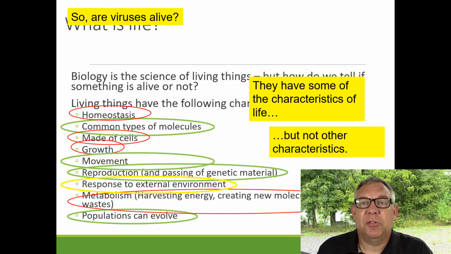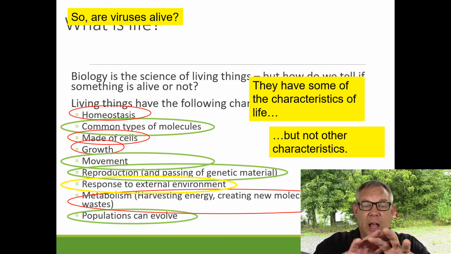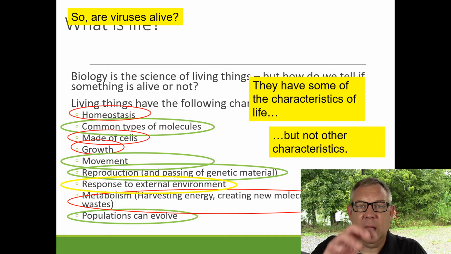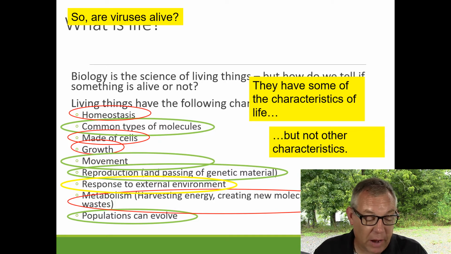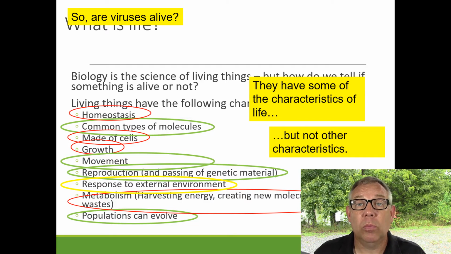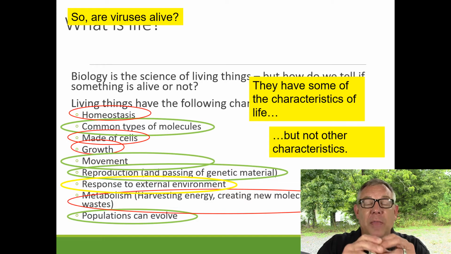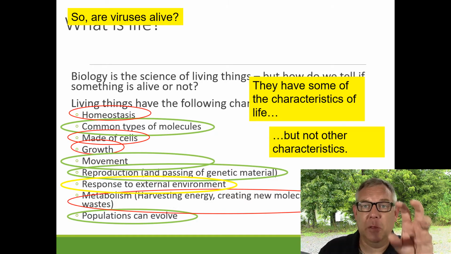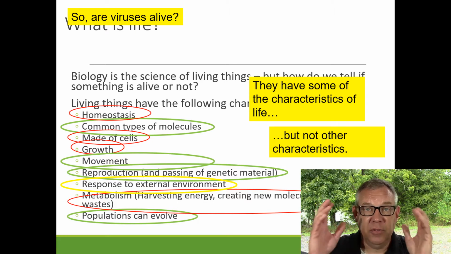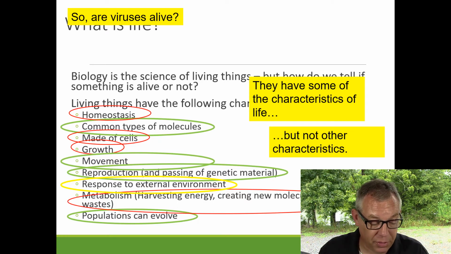And so when we talk about the structure of the cell, you'll see that the cell has a typical membrane, and there are certain things inside the cell. Viruses lack those. They don't really grow. A virus doesn't start off small and then grow to an adult virus. The virus just uses the host cells to make copies of itself as is. So they don't really have growth.